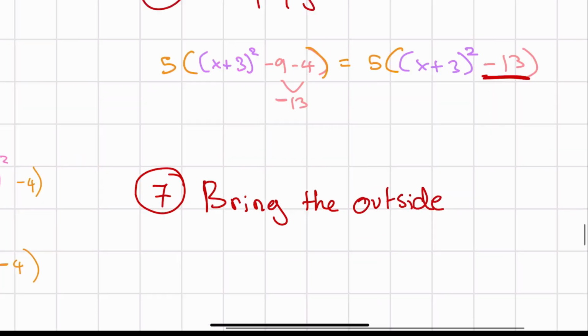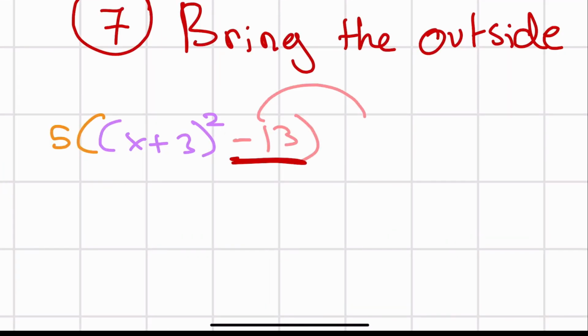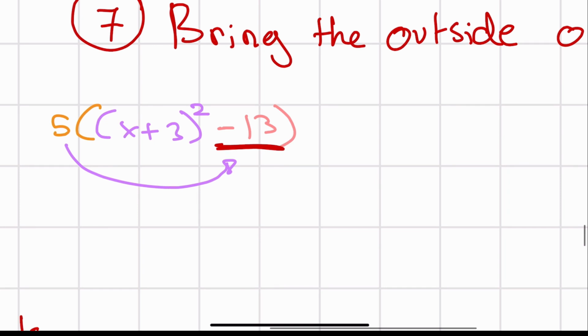outside of the brackets. Before we bring this outside of the brackets and just say that this is the answer, we must realize that the reason it is inside the brackets is that the constant is being multiplied by 5. So when bringing it outside of the brackets, I also have to multiply it by 5.